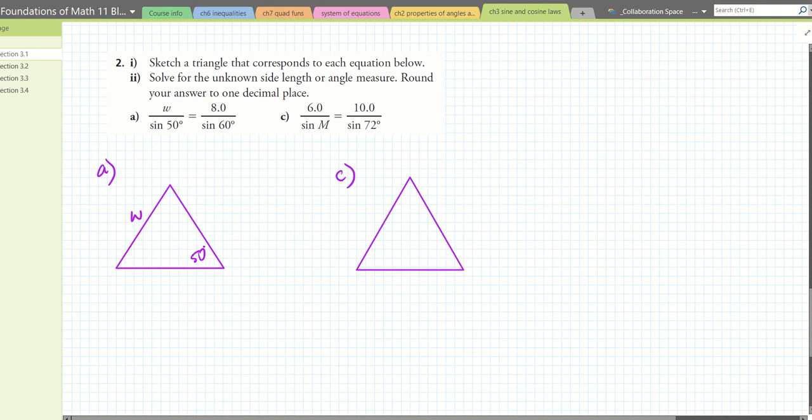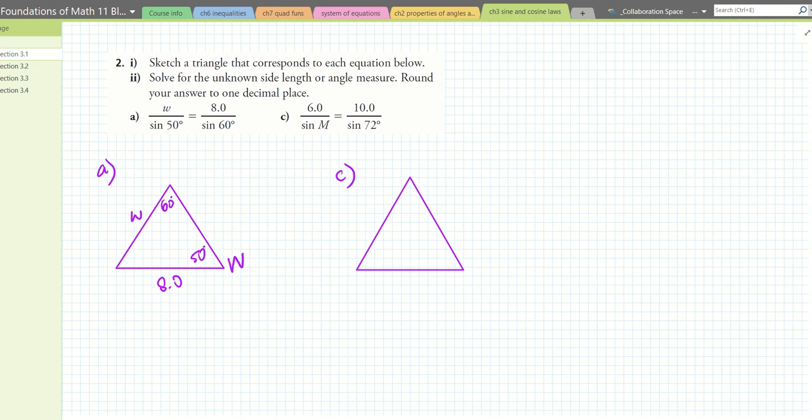So this is going to be 50, and this would be the capital W for the angle. And then the other side, the 8 over sine 60, doesn't really matter. You can stick it anywhere you want. So let's say if I make this 8.0, then this angle has to be 60. And that's all you have to do for this question.